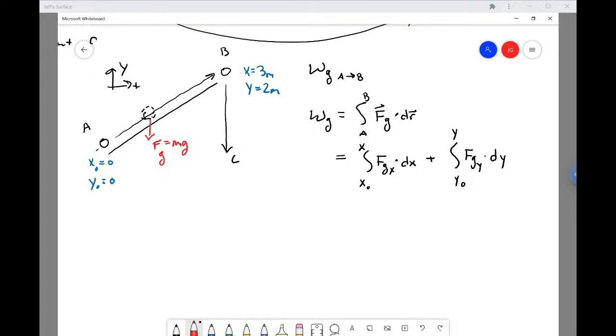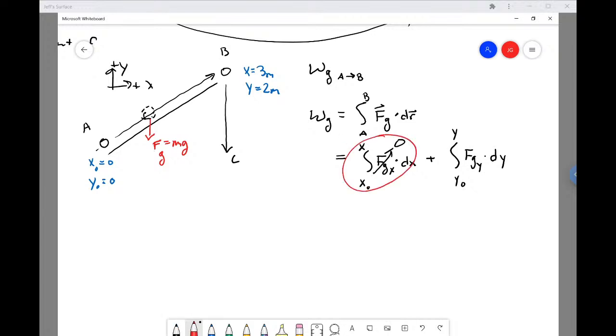And so if you think about this, well, the force of gravity doesn't point in the x direction. It only points in the y direction, the negative y direction. So this term is 0.